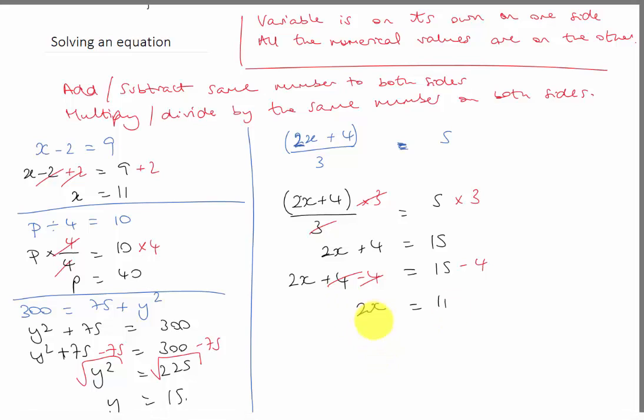Now I want to divide both sides by 2. So multiply by 2, divide by 2, that's the same as multiplying by 1. These cancel out. So then we've got x is equal to 11 over 2. So we could write that as a fraction, or we could divide it out and say 5.5. Same difference.